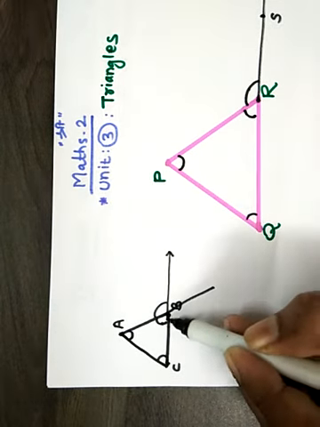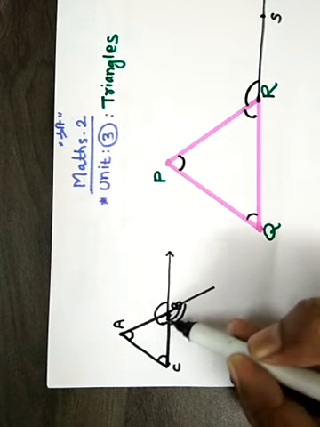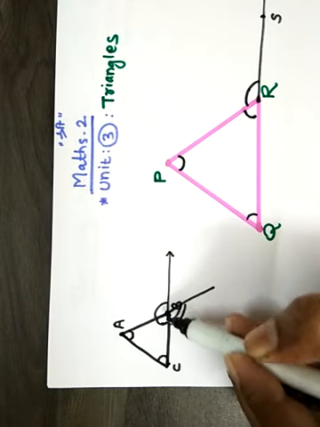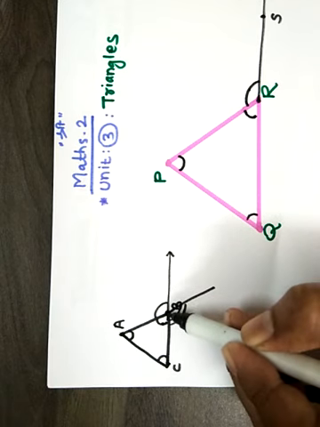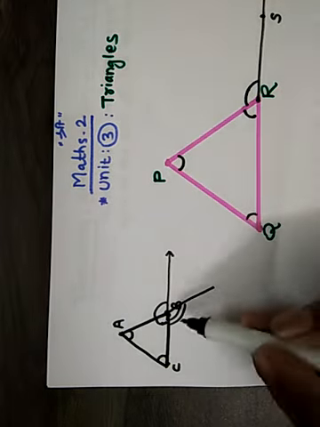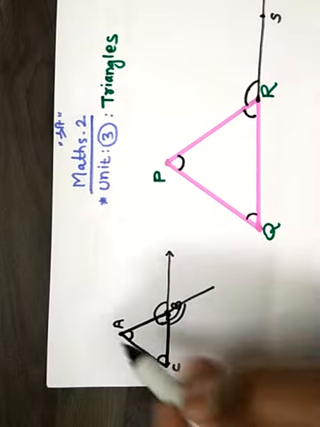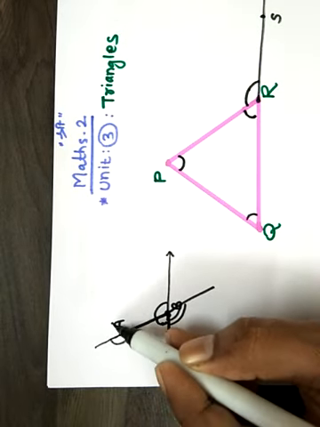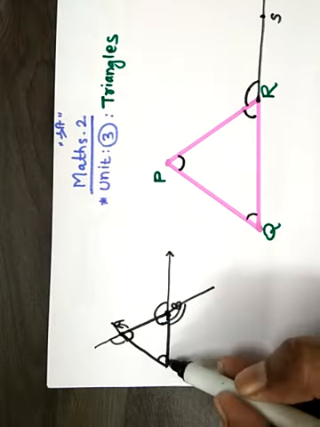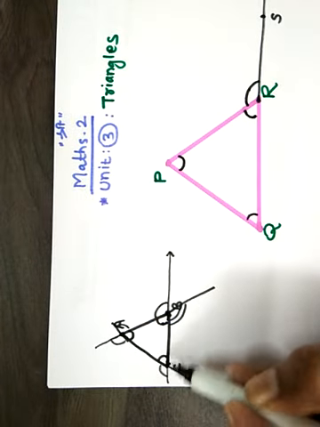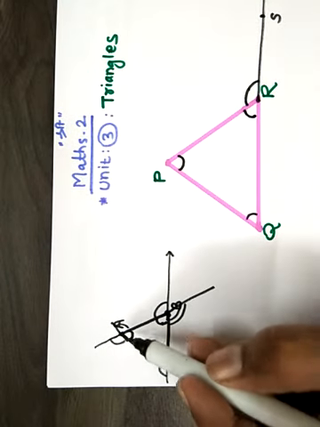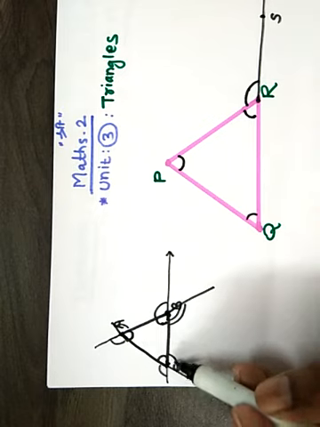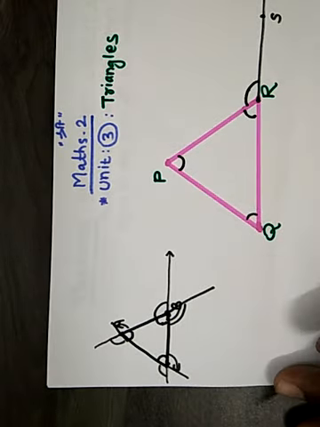Second, this angle also forms a linear pair with this adjacent interior angle. Therefore we have 2 exterior angles at the vertex B. Therefore at every vertex we draw 2 exterior angles, which means for any triangle there are 1, 2, 3, 4, 5, 6 exterior angles.